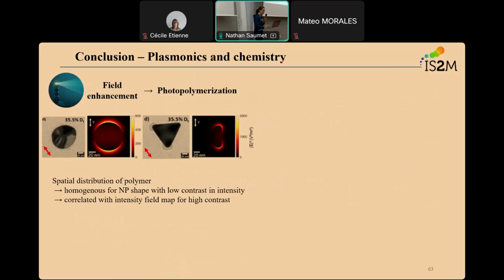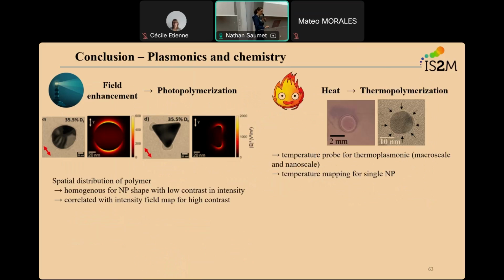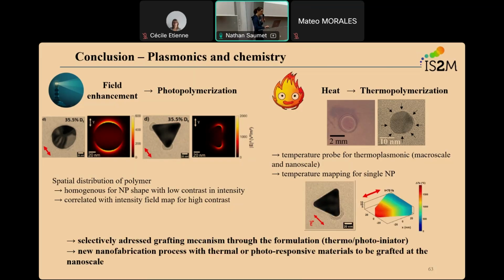So as a conclusion for plasmonics and chemistry, we can use the field enhancement to photopolymerize and to put molecules where we want, where the field enhancement is the highest, for sensing. We can use thermopolymerization to know the temperature that is reached by the particles at the microscale and at the nanoscale, and we can use this as a tool for temperature mapping for single nanoparticles.